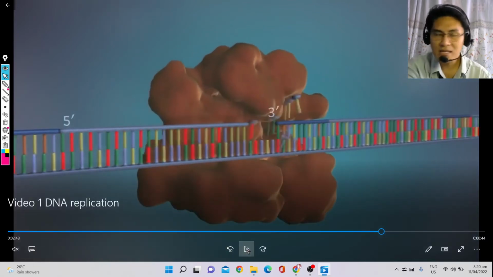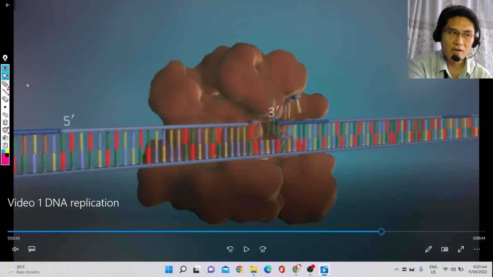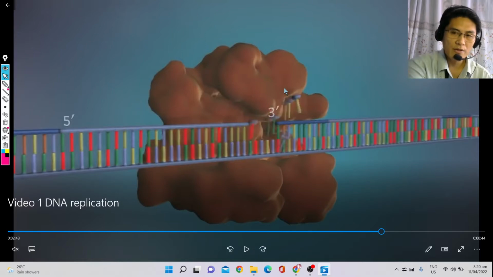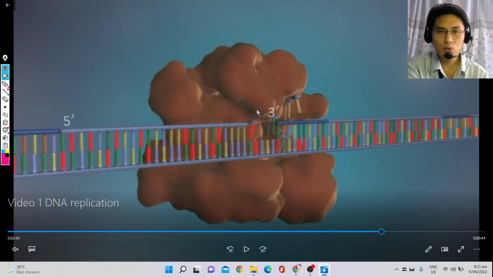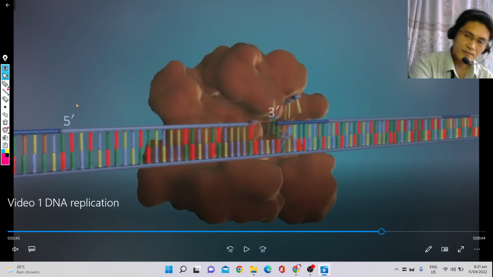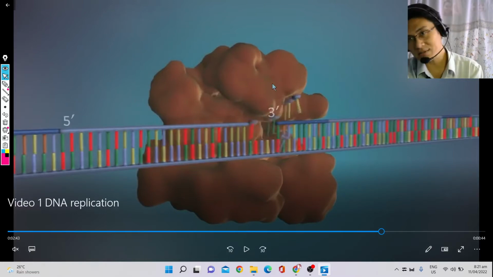Why? Because again, if the DNA polymerase goes from the right end of your screen to your left, it will be moving from the 3 prime end to the 5 prime end. And again, it cannot do 3 prime to 5 prime. So what it does is it instead moves ahead forward and then backtracks.